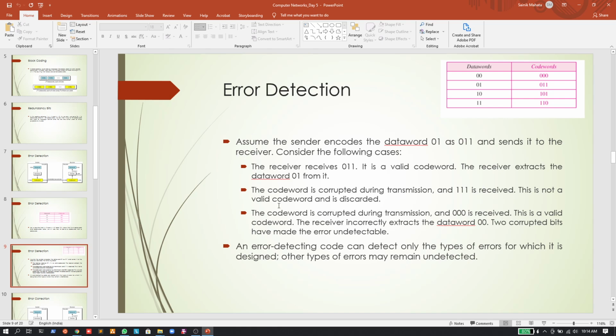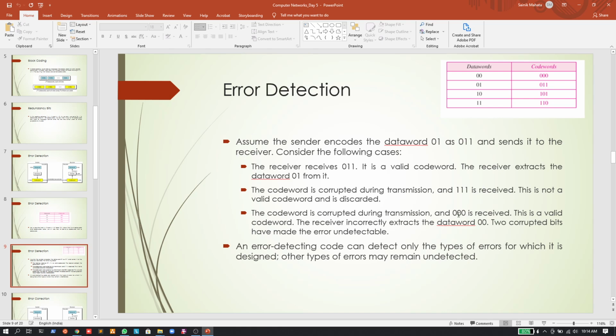In the second scenario, the code word is corrupted during transmission and suppose 111 is received. If you see this table, 111 is not a valid code word here. So if it's not a valid code word, it is discarded. What's the third scenario? The code word is corrupted during transmission, which means some of the bits have changed, and 000 is received.